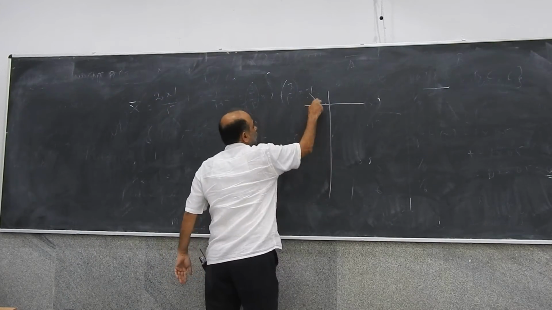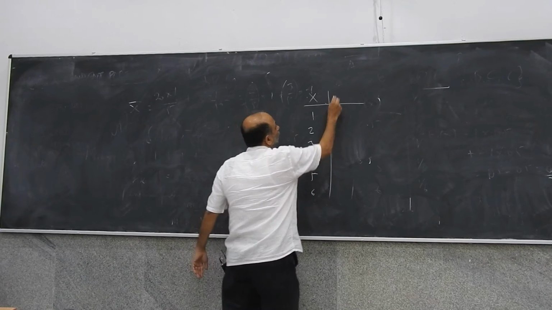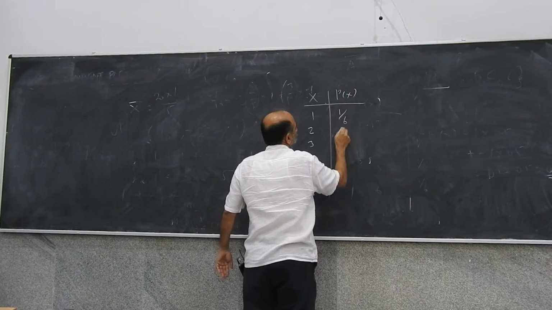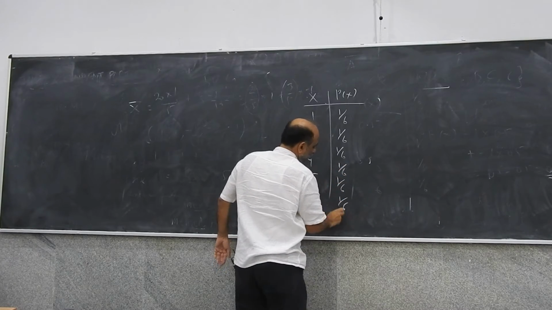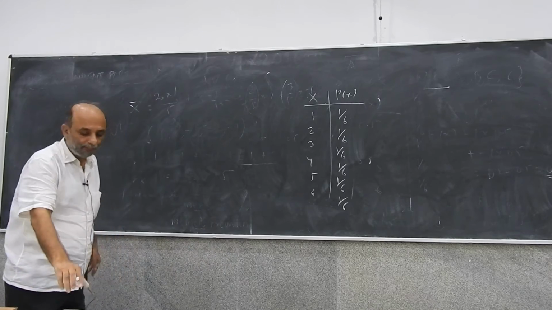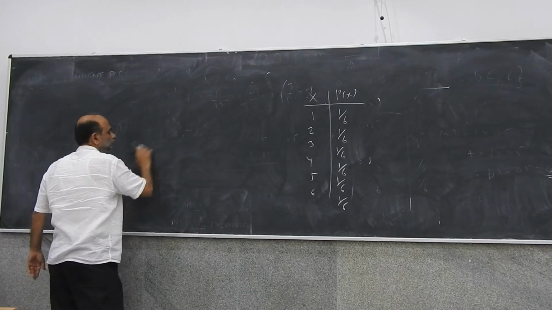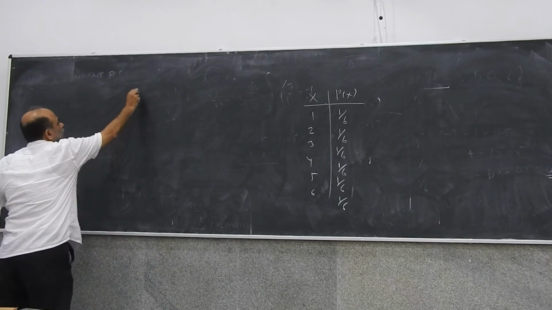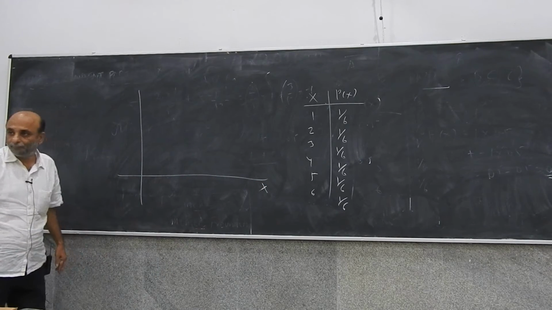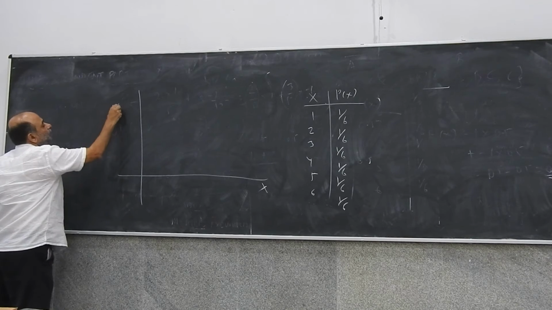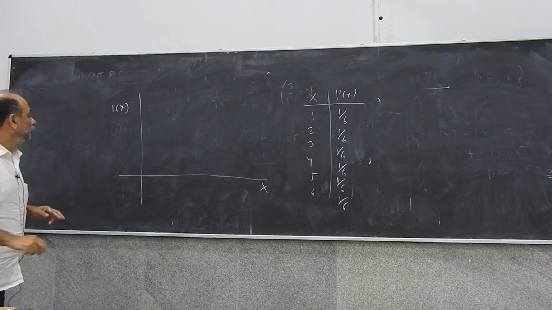So think of x. I have x here, and I have the probability with which x takes various values. So what is the value?